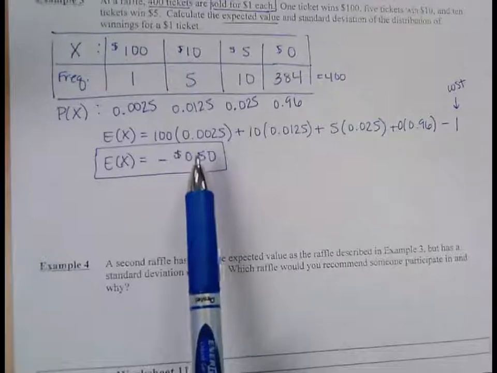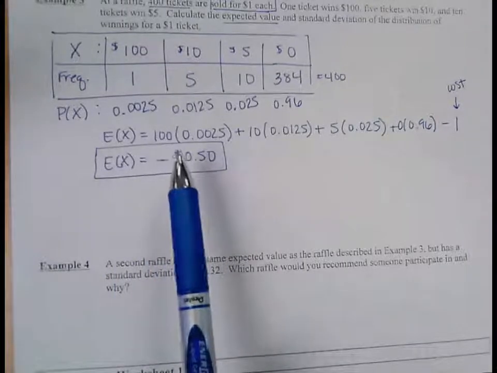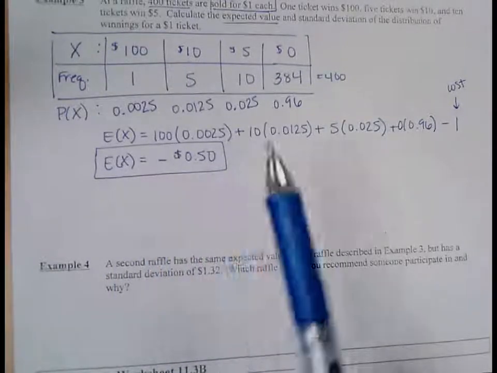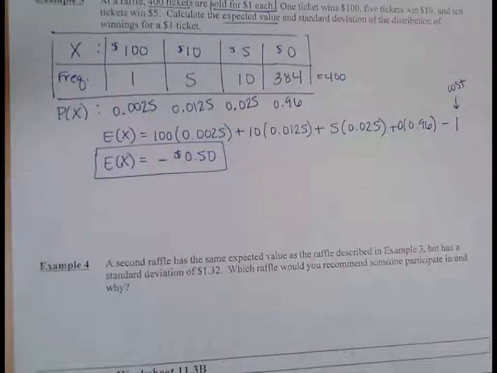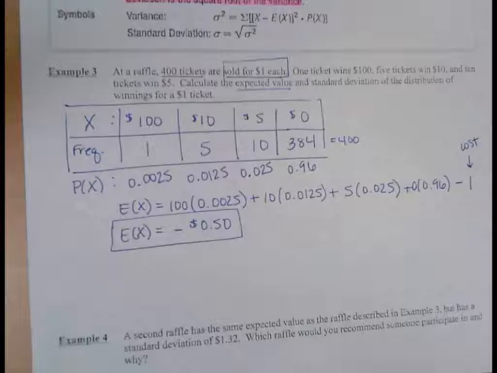But now what I can also do, since I found that mean, or that expected value, is calculate the standard deviation. And the standard deviation, again, would show the spread of this distribution, which would show, if values are very spread out, there's really great variability in your winnings or your losses.